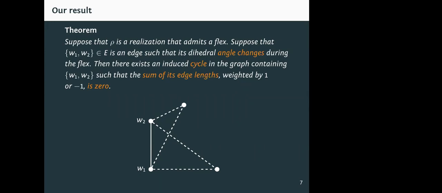So we consider an edge where the dihedral angle is not frozen. Then what we can prove is that there is an induced cycle in the graph, and such a cycle contains the given edge, and the sum of the edge lengths in this cycle weighted by 1 or -1 is 0. So this generalizes the previous results.